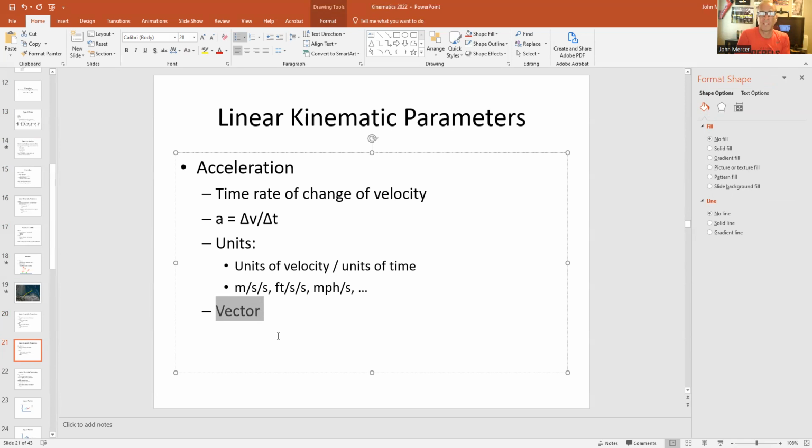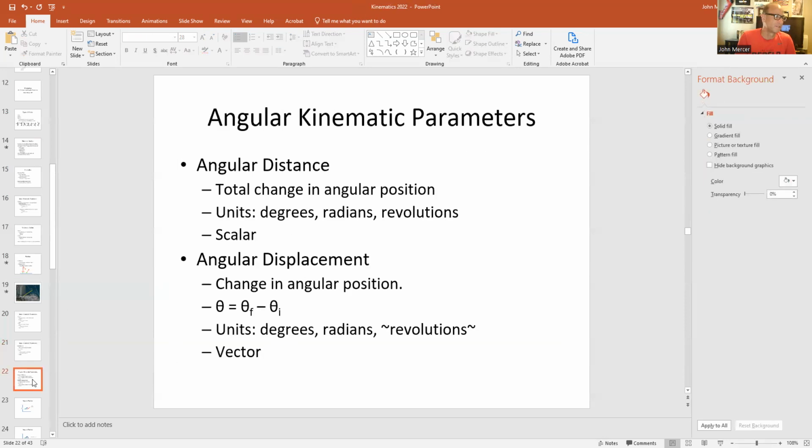There's no scalar parallel to acceleration. We're only going to deal with acceleration. We do not do time rate of change of speed. We only will do time rate of change of velocity. So acceleration is a vector, magnitude and direction, and we'll spend a lot of time working on understanding that direction parameter.